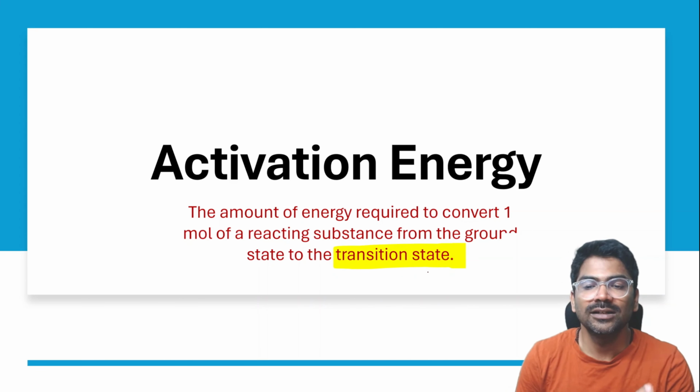The energy difference between the transition state and the substrate is delta G double dagger. Some people denote this as EA, that is activation energy. So activation energy is the energy difference between the transition state and the substrate.